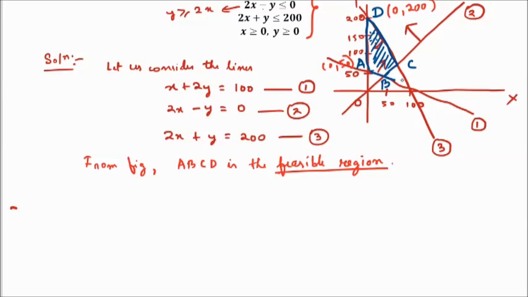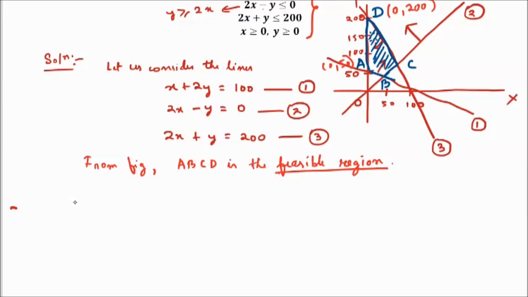Now we only need to find the coordinates of B and C, and this can be done very easily because B is nothing but the point of intersection of line 1 and 2. So if I solve 1 and 2, I will get my coordinate B. Similarly C is the point of intersection of line 2 and 3. So if I solve 2 and 3, I can find the coordinates for point C.